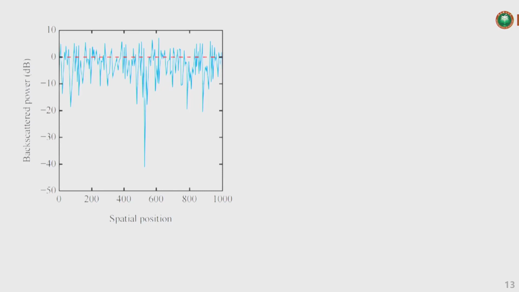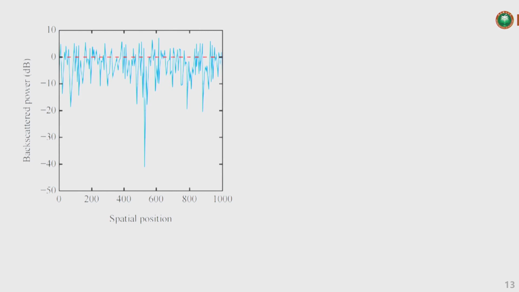This plot is the measurement on the asphalt ground detected by a radar system, and from the researcher's point of view, the ground is uniform and always the same ground, but when it changes its position a little bit, you can see its measured backscattering power varies, it fluctuates always.